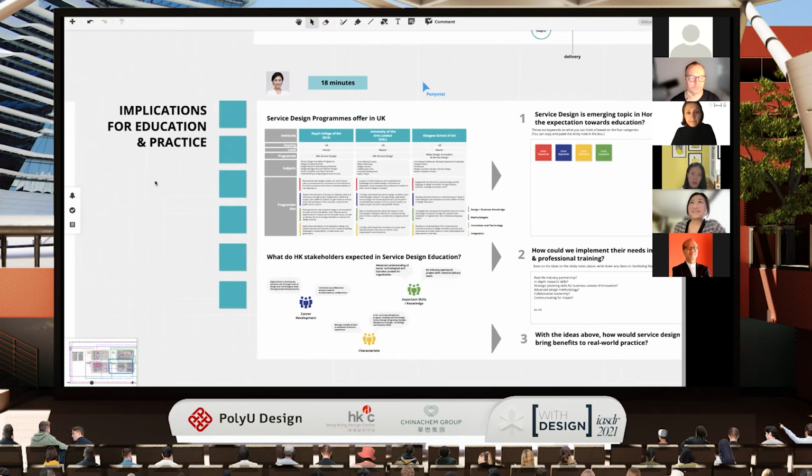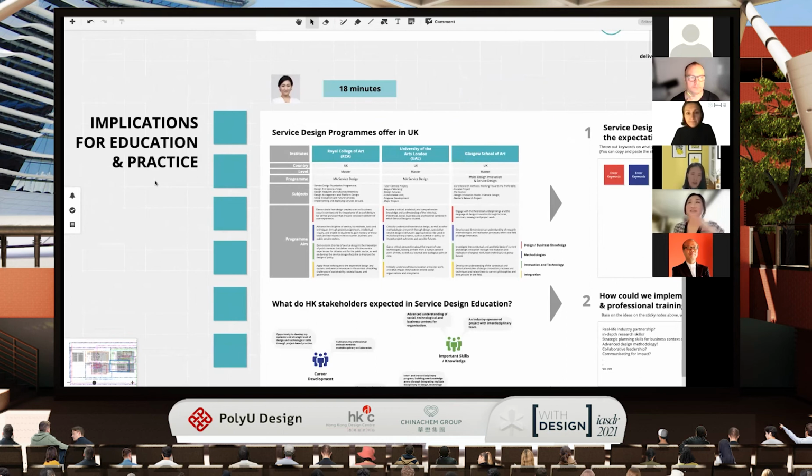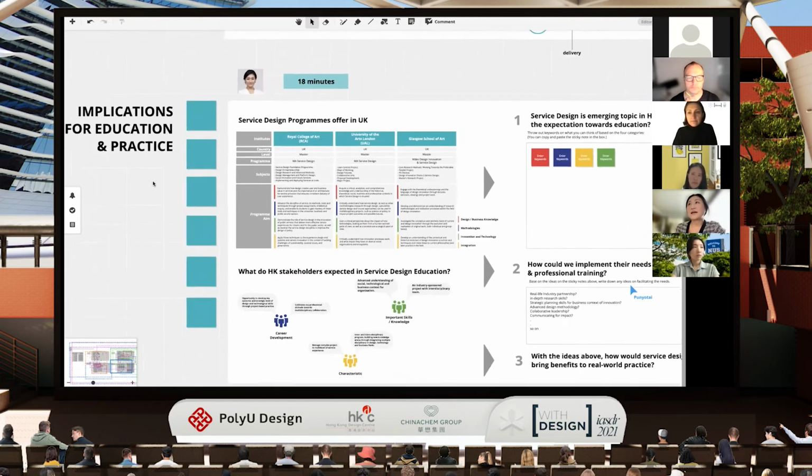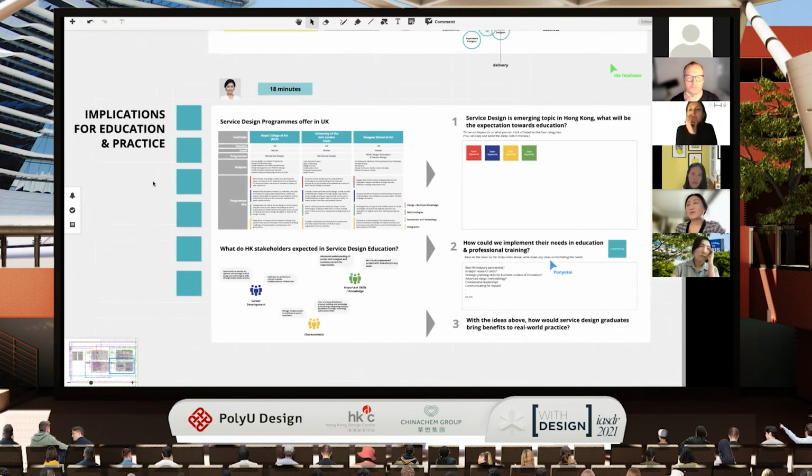Hi everyone. Yeah, we had a great, interesting discussion earlier, and now it's an interesting topic how we can actually implement these questions and concerns into service design education. So, for example, which new education pathway of service design should we develop, or how can we integrate or upgrade the existing courses?